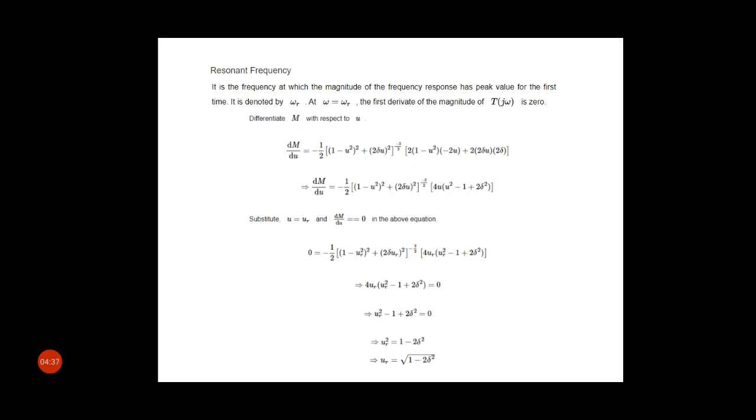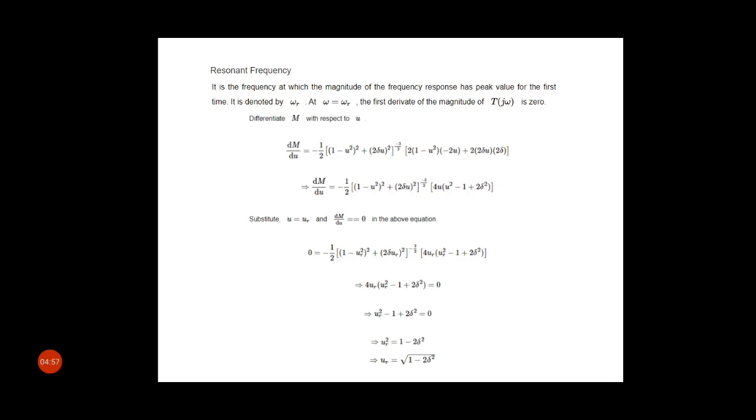At omega equal to omega_r, the first derivative of the magnitude of T(j omega) is 0. So we differentiate the magnitude M with respect to u.